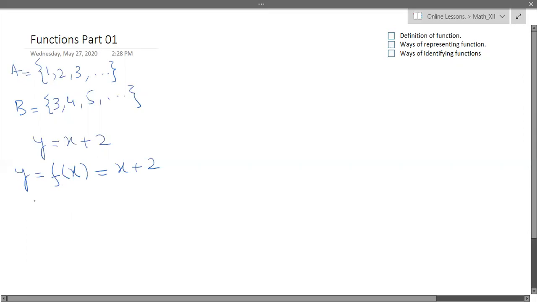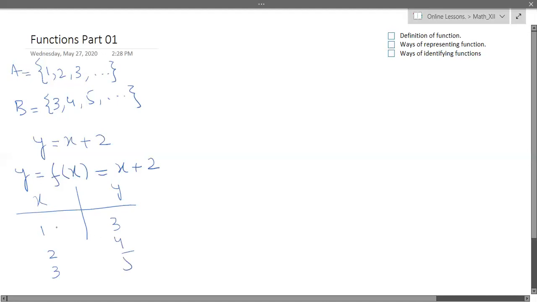Now, I'm going to write all the values of input and output in the form of a table to show you something. So the x values are 1, 2, and 3, and the y values are 3, 4, and 5.